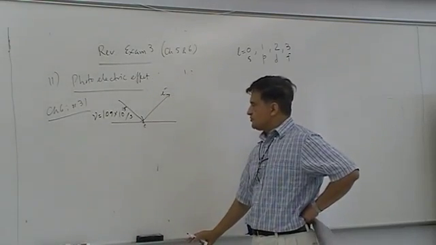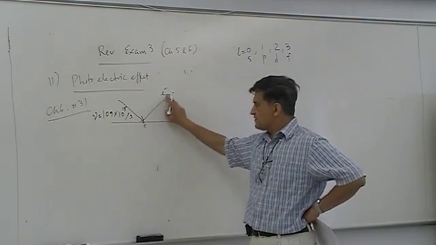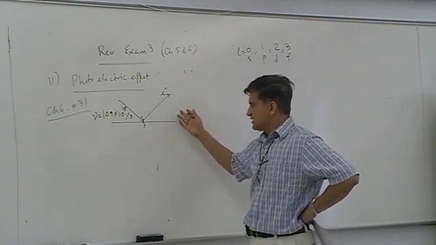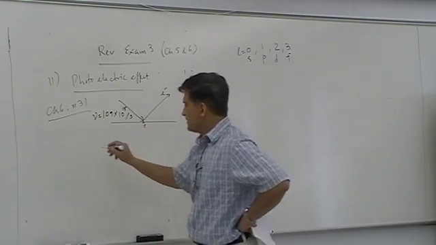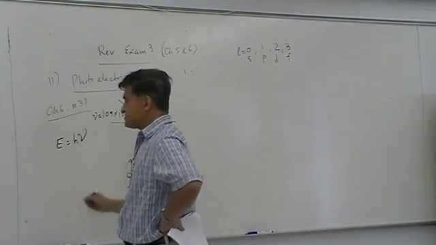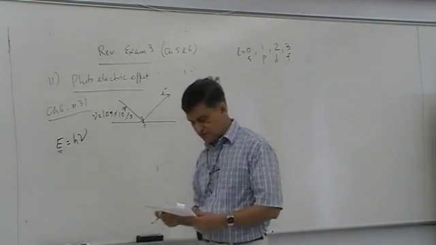Now, the question wording could be like this. This much of frequency is needed to knock off an electron from a metal. So what is the energy needed? So basically you're going to use this formula, E equals h times nu, and that will tell you how much energy is needed to knock off that electron. So it's pretty straightforward.